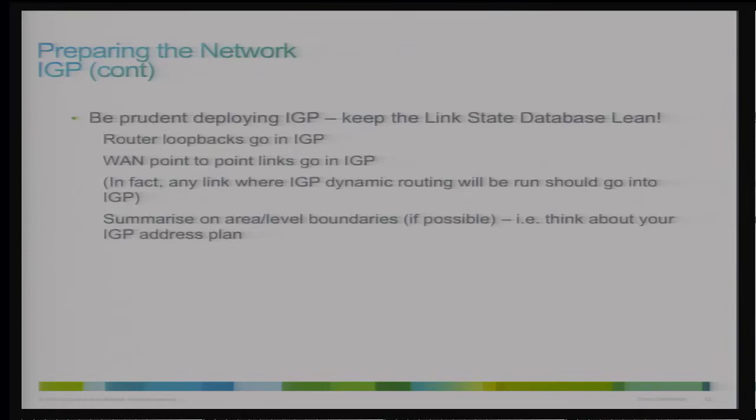You save IP addresses, and you reduce the link states. Also, don't include your customer-facing interfaces in the IGP. It's unnecessary. You use the IGP mostly on your WAN links and links that are interconnecting your core routers and aggregation routers.